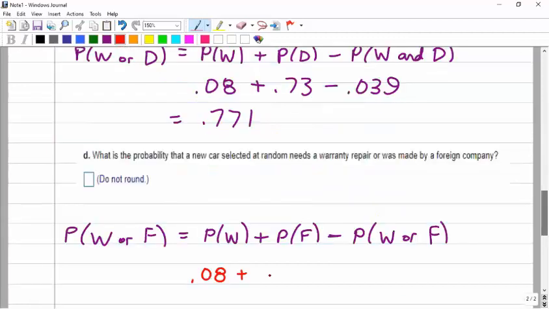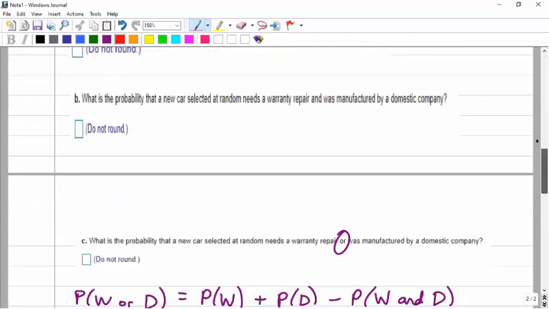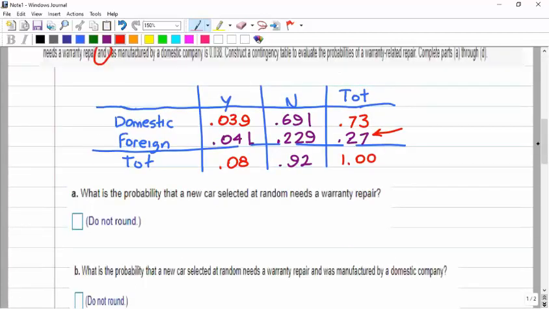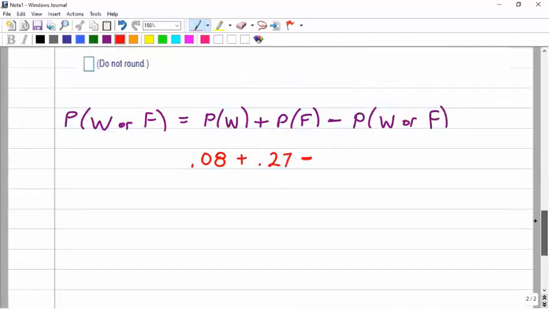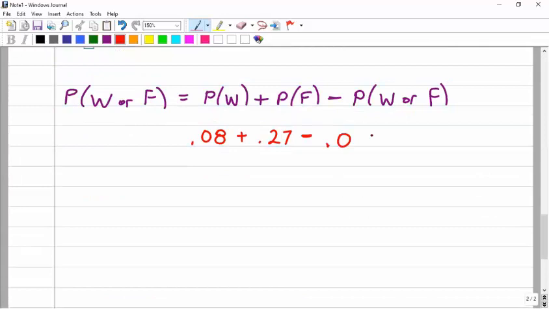That's the second number. And then we've got to find out where warranty meets foreign. Warranty meets foreign right here, .041. So that's .309. That's right.